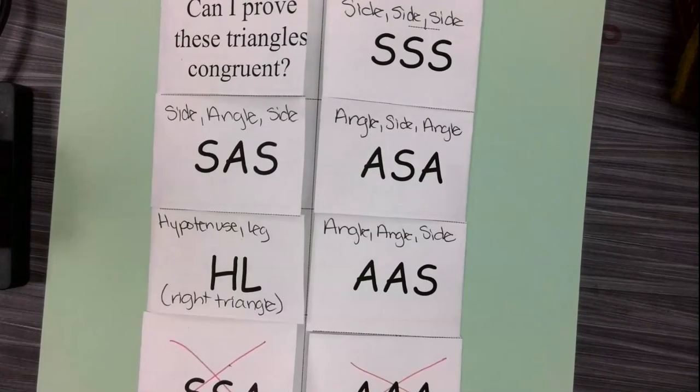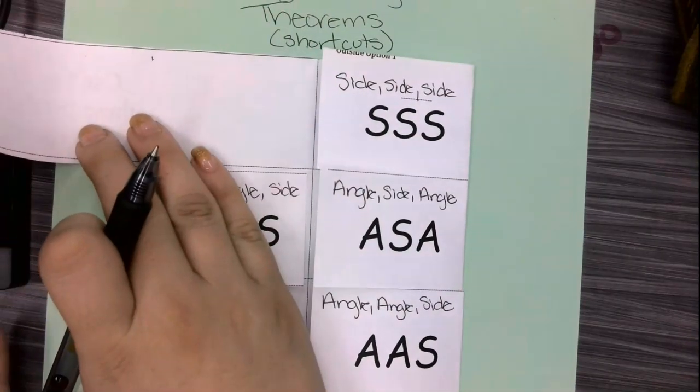So I'm going to start opening these up. So can I prove these triangles congruent?